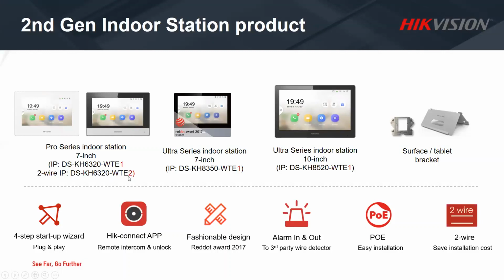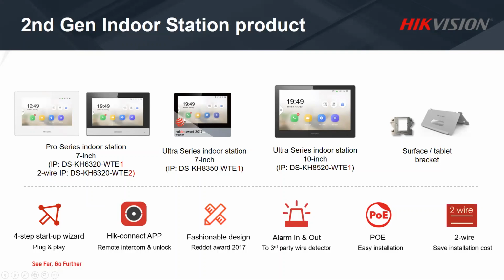You can also see it by the name here: 1 is IP, 2 is 2-wire IP. All of them support the 4-step startup wizard plug and play features. You can either surface mount, or purchase extra tablet brackets to go with them.